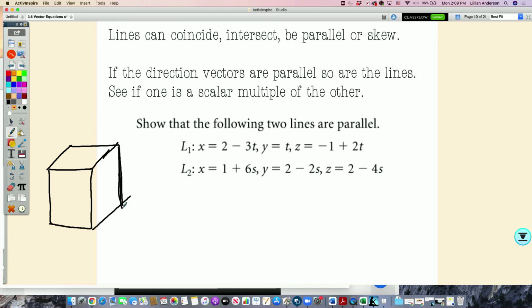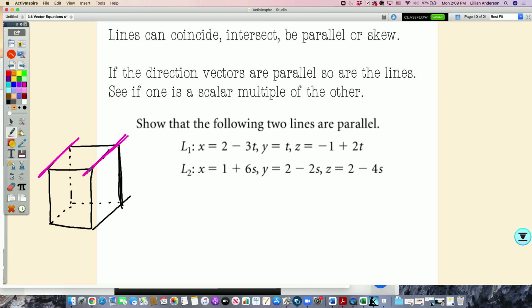What does intersect mean? That's pretty straightforward, right? Two lines intersect at a point. Parallel means they don't cross. They'll never cross or touch, but they actually lie in the same plane. So if you look at a three-dimensional cube, these two edges right here would be parallel. They don't intersect each other, they don't touch, but they lie essentially within the same plane.